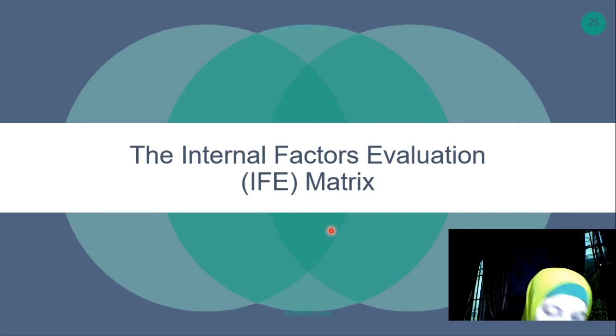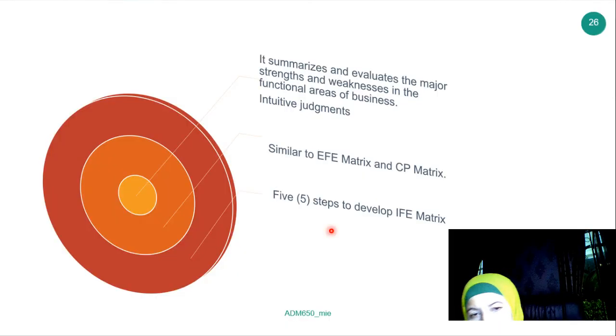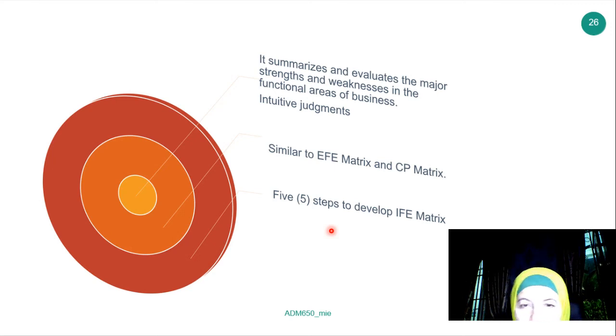The method that we use is the Internal Factor Evaluation, IFE matrix. The IFE matrix summarizes and evaluates the major strengths and weaknesses in the functional areas of a business. Here it involves a lot of intuitive judgment, another word for sixth sense. Your knowledge about the industry and your experience will tell you. That's why it's intuitive.